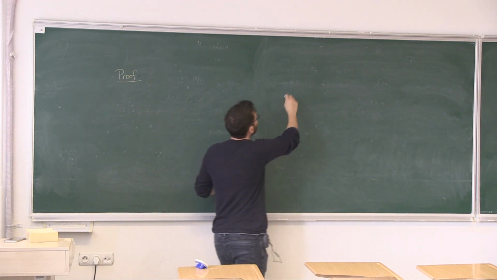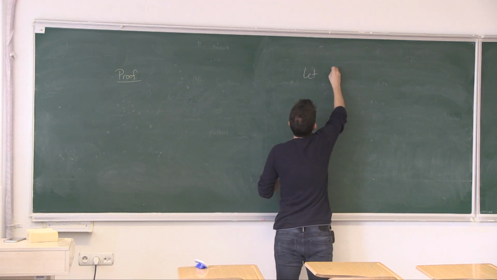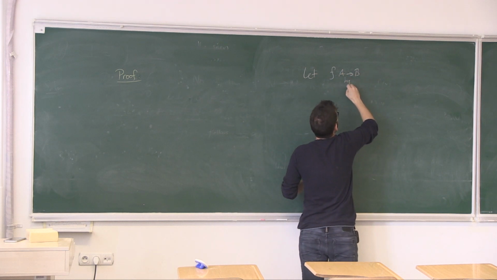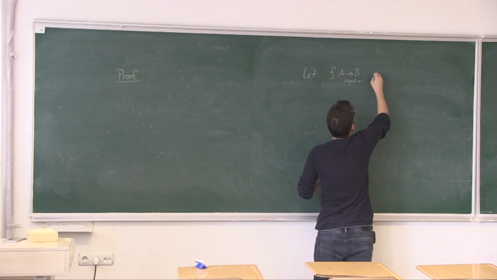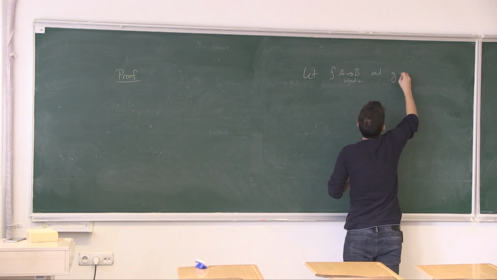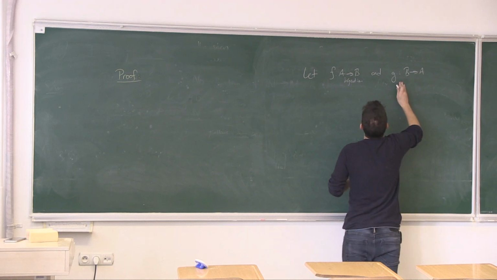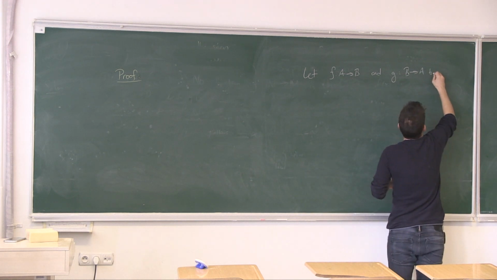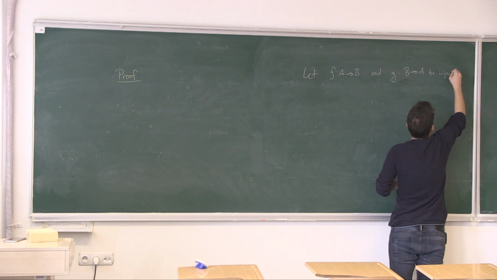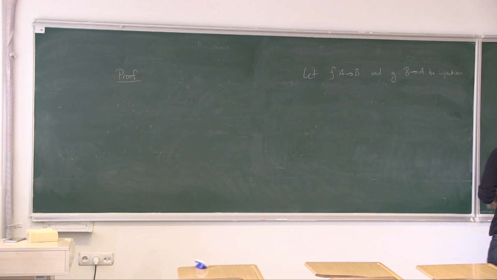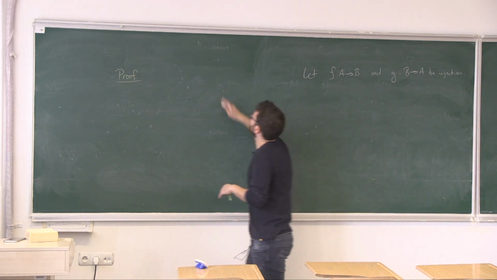Now, let F be an injection from A to B and G be an injection from B to A. Let this and this be injections. So I'm assuming that there's an injection from A to B and there's an injection from B to A. I want to show that there's a bijection between these two.